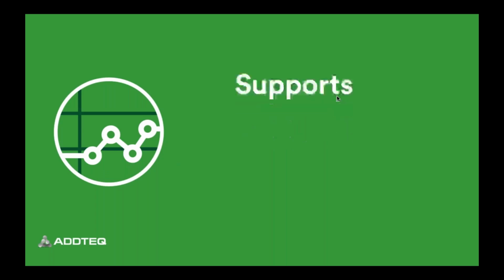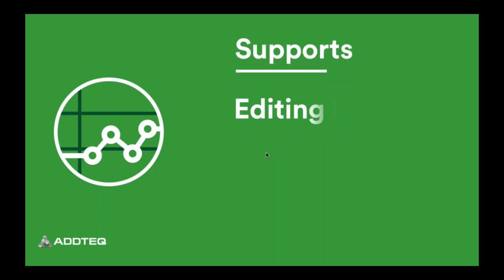What does Excellentable support out of the box? So it supports editing in the browser. You don't have to download any application in a silo to work on it. You can open your favorite browser and start editing it. Excellentable supports all the major browsers as of today.